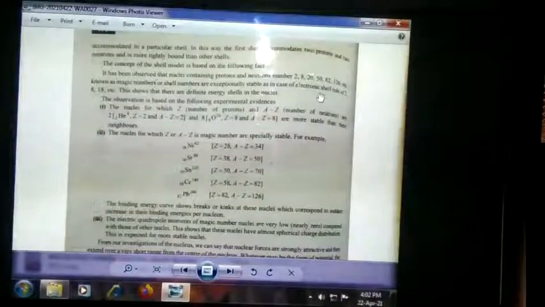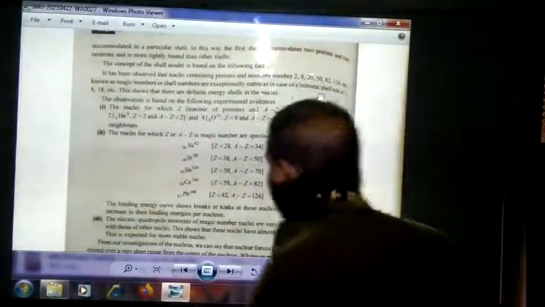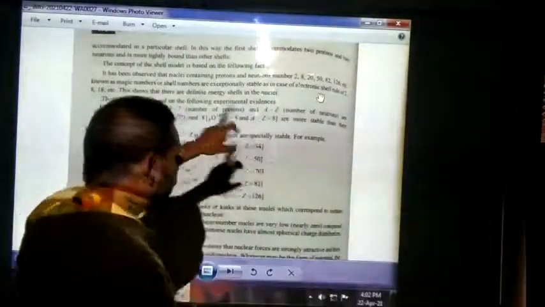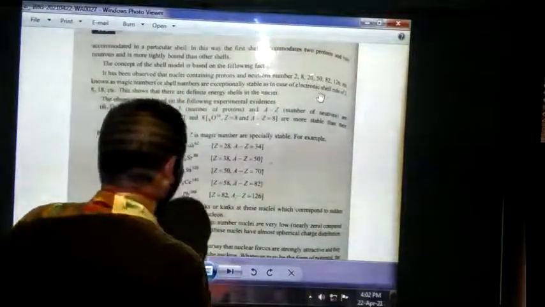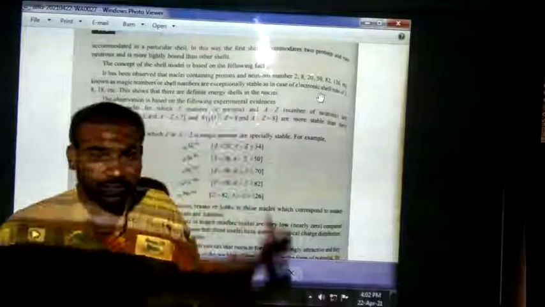In this way, the first shell accommodates 2 protons and 2 neutrons and is more tightly bound than the other shells. The concept of the shell model is based on the following fact.